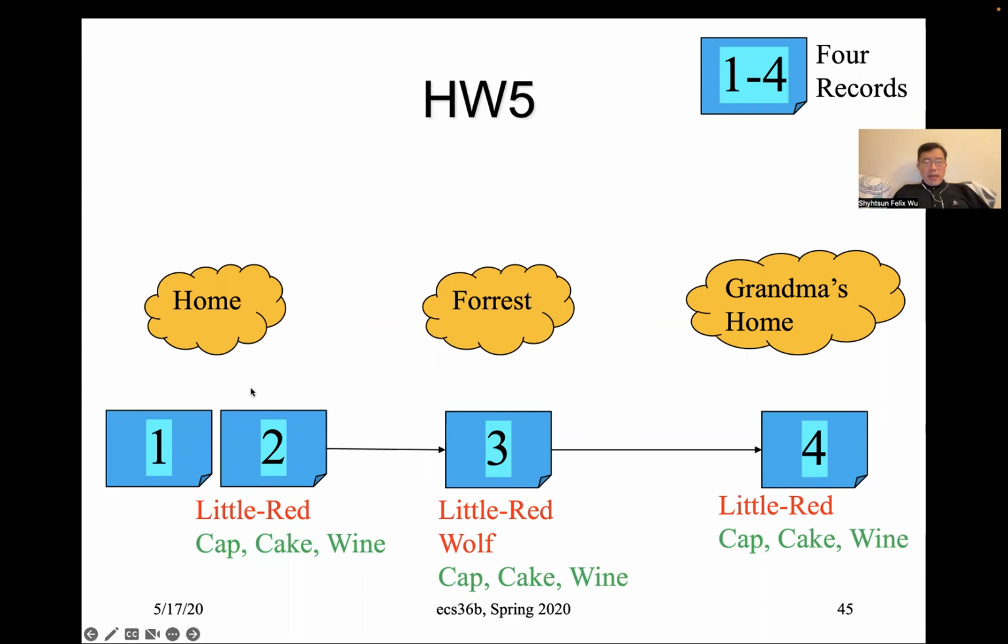Just be careful that I also wrote down the people and the things related to each record, and how they move around when the records are played. Essentially, this diagram shows that while the original Little Red Riding Hood was described in natural language, such as English, we are using this object-oriented model to recreate the story itself.